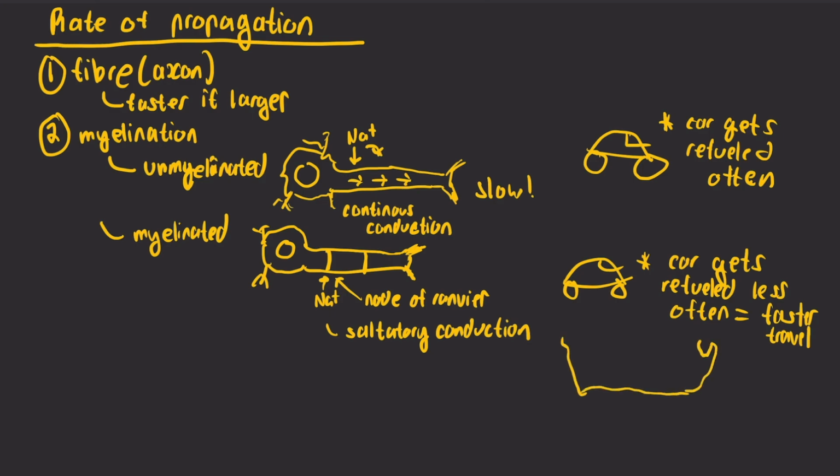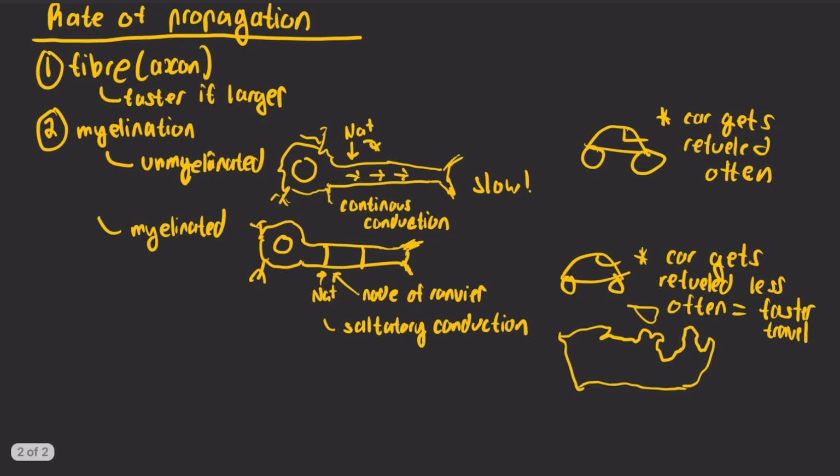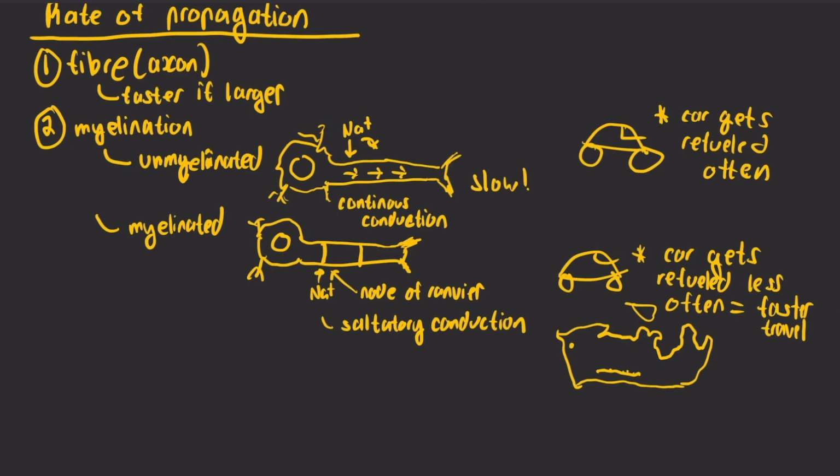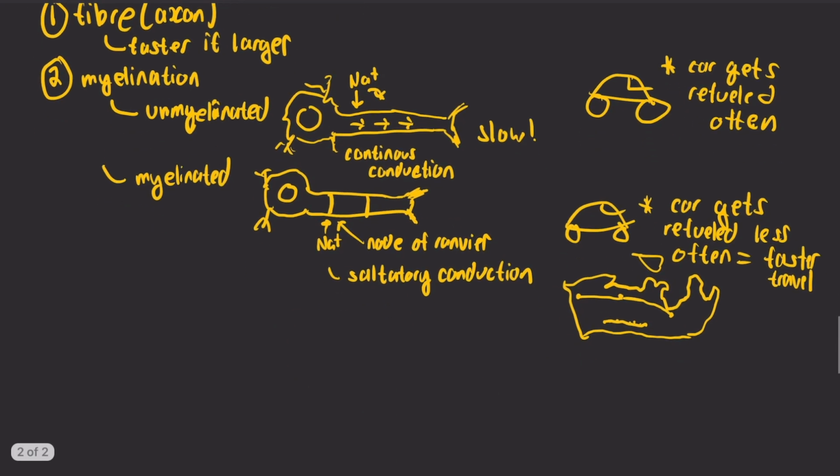Here's Quebec. Not the best. Manitoba. Etc. etc. If you have to refuel every bit, you have to stop every bit, you're going to travel a lot slower compared to refueling here, refueling here, refueling here. Okay? So here with the unmyelinated, it is a lot slower. With the myelinated, we have a faster propagation, resulting in saltatory conduction.